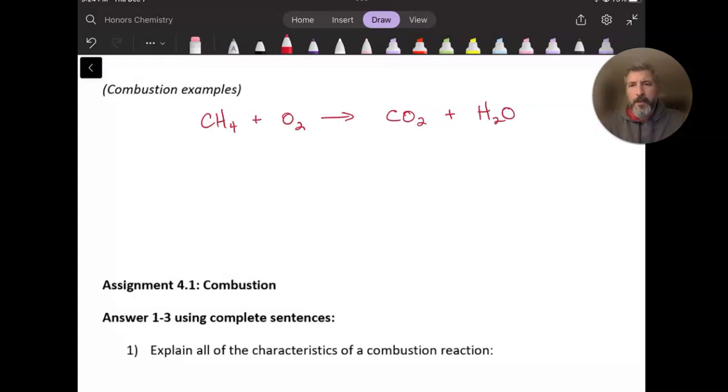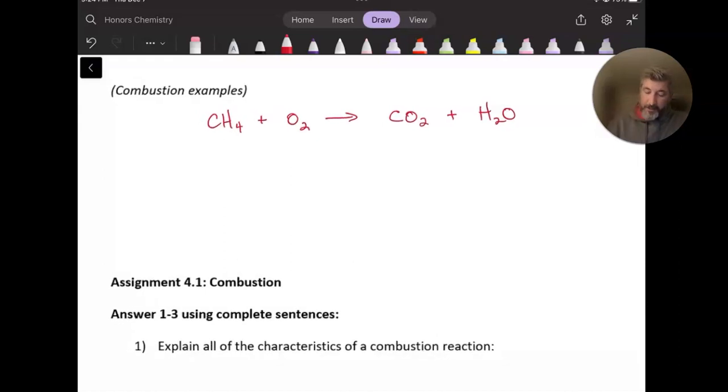Okay. So right now we've got one carbon on each side. We've got two hydrogens on the right and 4 on the left. So I'm probably going to want to multiply that water by 2, right?